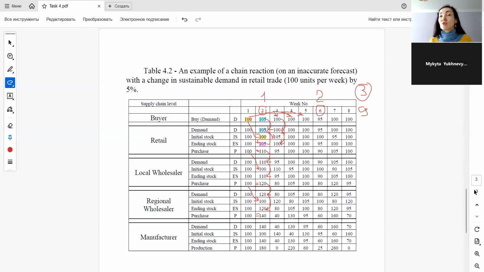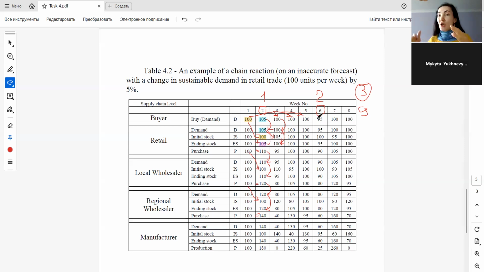And we could write the answer that these three changes were not so big for the first level buyer, for example, and are very big for the last level, the manufacturer. We see that buyers buy, for example, 100 mobile phones in week 1, next week 105, and in the 6th week 95 mobile phones.